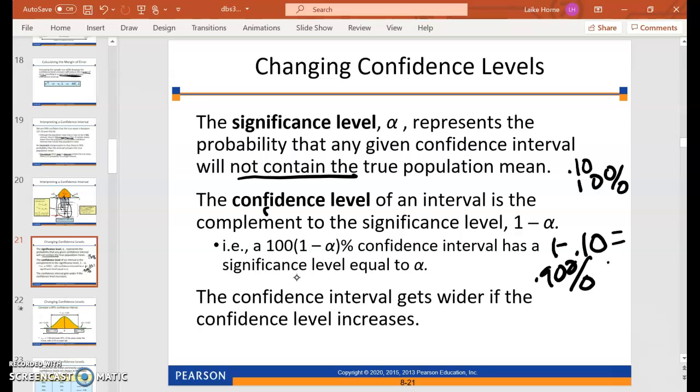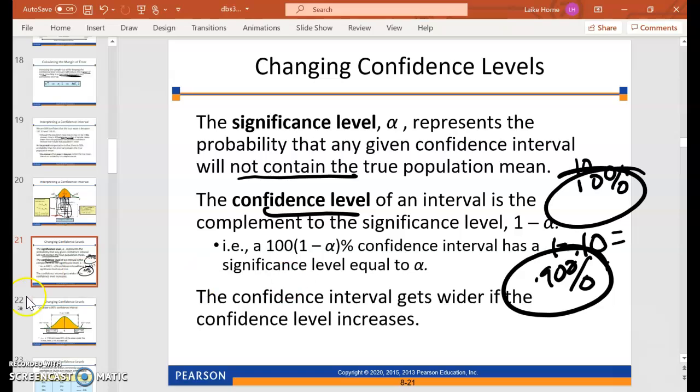So the confidence level and the significance level are going to add up to 100%. Just remember these add up to 100%, and this does not contain, and this does contain. So that's a good way to remember that.